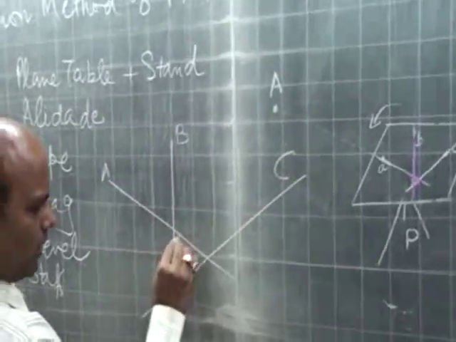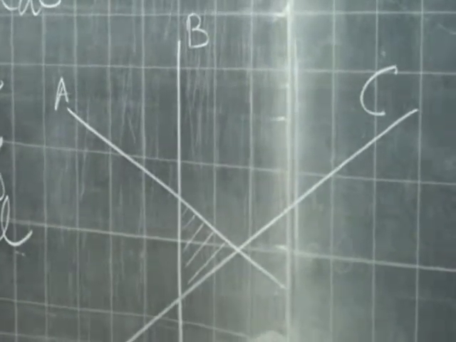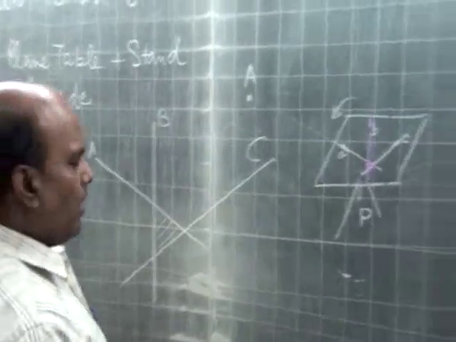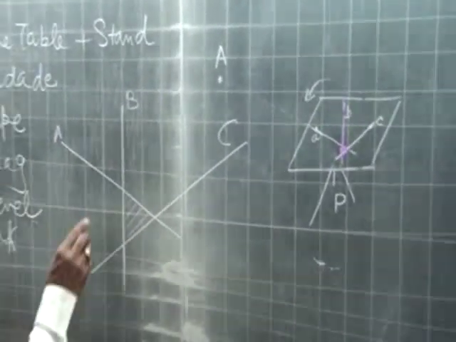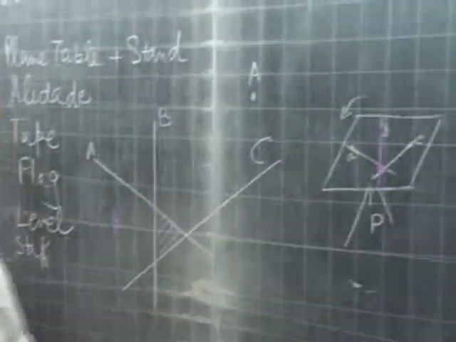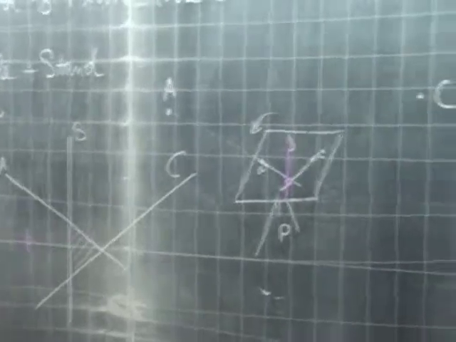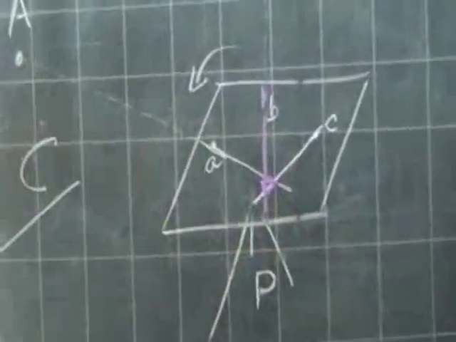This particular triangle which is formed is called the triangle of error. Our objective, our aim, is to reduce this triangle to a small point, and that small point I would like to call small p on the plane table. That means I have determined the ground point P as small p on the plane table.